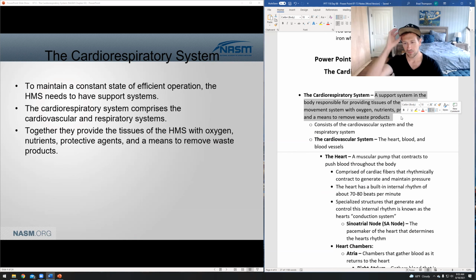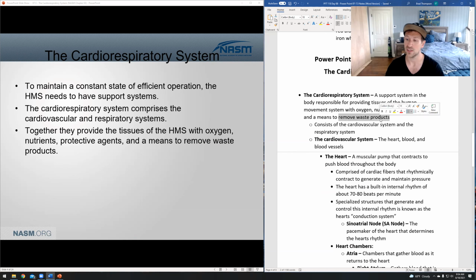So you think about it: we are bringing oxygen in, that's your respiratory system. But we're also moving around proteins, fats, and carbs from our digestive system. That's the cardiovascular side of things. We've got protective agents in our blood, that's your immune system.